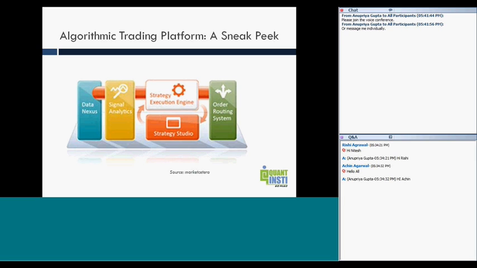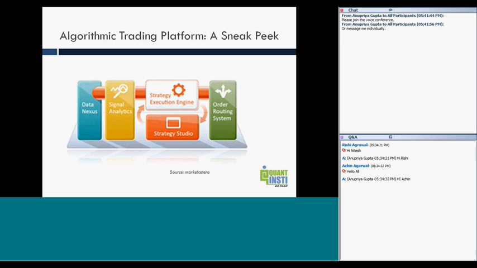Next is your order routing system, in which the order parameters received from the CEP are again converted into a language that the exchange understands. So first, in the market data adapter, you convert the data from the exchange language to a language that you understand. And when you're sending an order out to the exchange, you convert it from the format your machine understands to what the exchange understands.